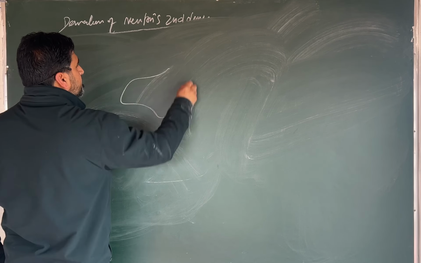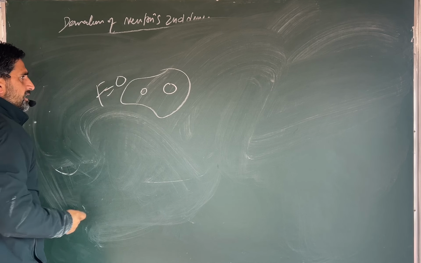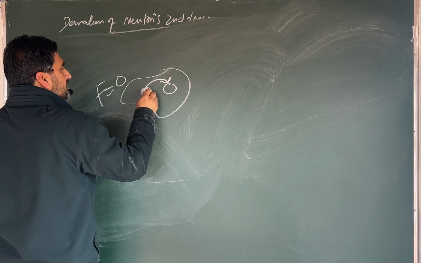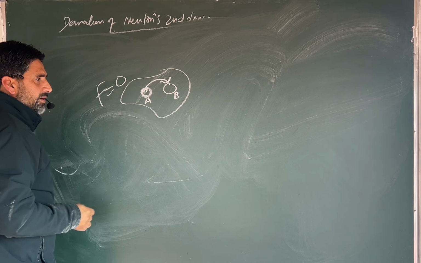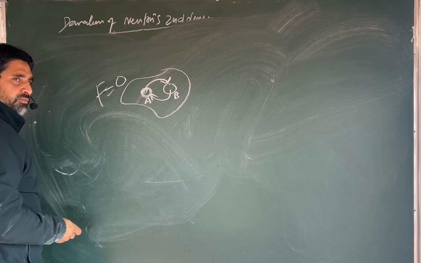Take a system with two particles, and say the external force is 0 again. Object A acts upon object B, and object B acts upon object A with the same force.